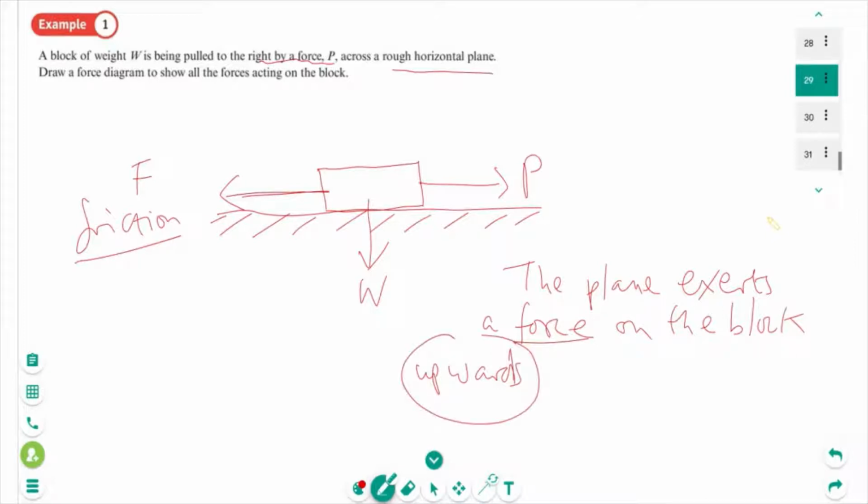It is called the normal reaction. If you do physics, you may have heard of this before. They usually use the letter R. The normal reaction is the force which the plane exerts on the body. That force prevents the body from falling through the table. So those are the four forces acting on the body. Any questions?